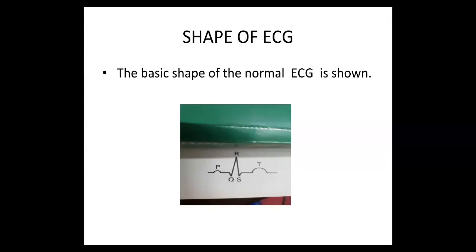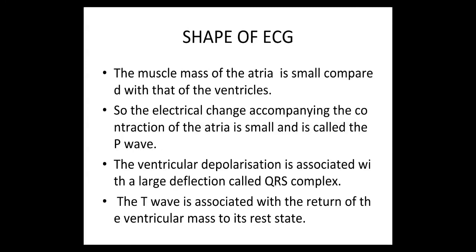The shape of ECG. The basic shape of the normal ECG is shown in the picture. There is a small P wave and there is this QRS complex and then the T wave. The muscle mass of the atria is small compared with that of the ventricles.